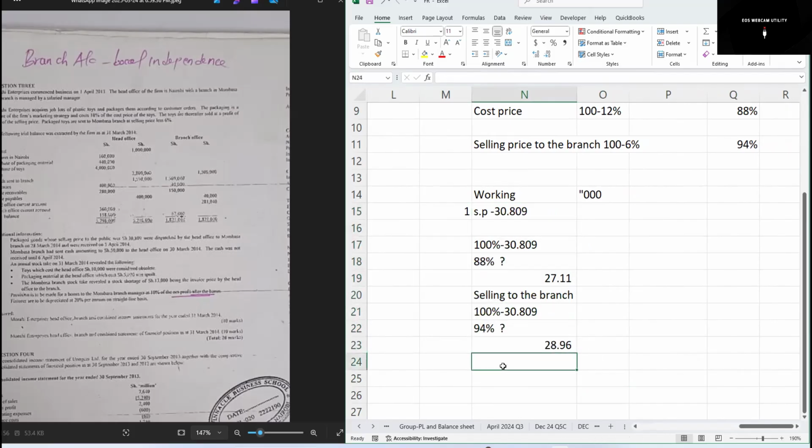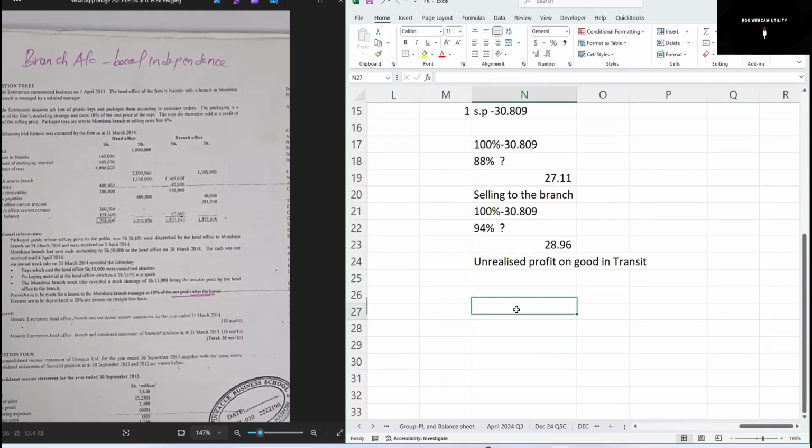So that's why it will result in unrealized profit on closing goods in transit.